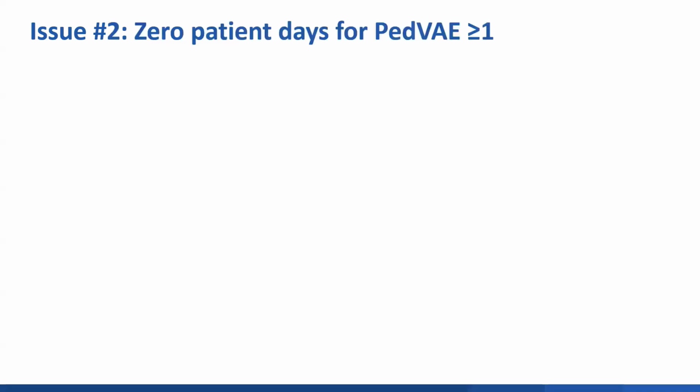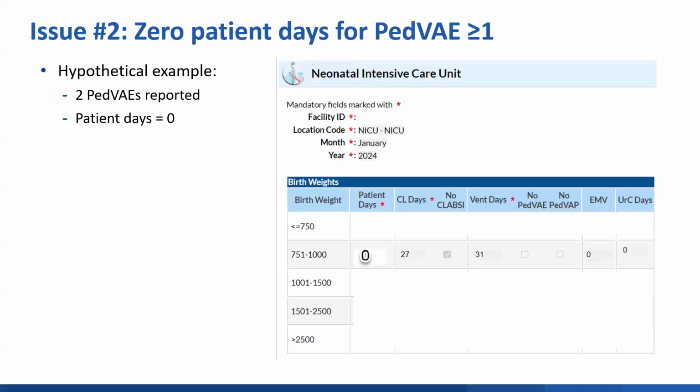Another common data quality issue that is very similar to the previous one was that the number of patient days was reported as 0, while there was at least one PedVAE reported. So in this hypothetical example, there were 2 PedVAEs reported for a certain month. Both kids had birth weights that were between 751 to 1,000.